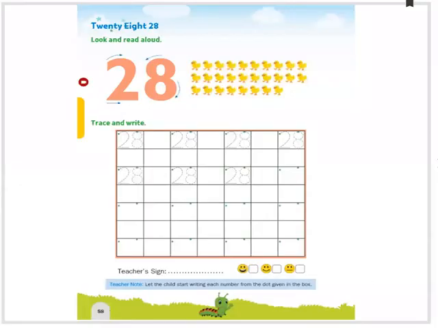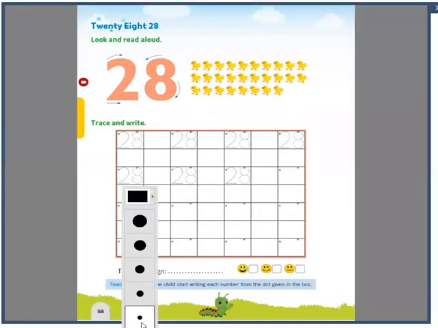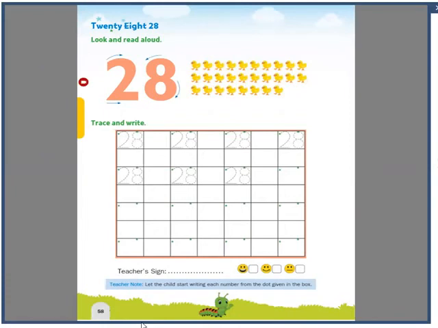Yes, children. This is a little bit twisty for you to write. From the green dot, you have to start writing 2. You have to twist like an S and write 8. 2, 8, 28. Practice it, children. You'll definitely get it.